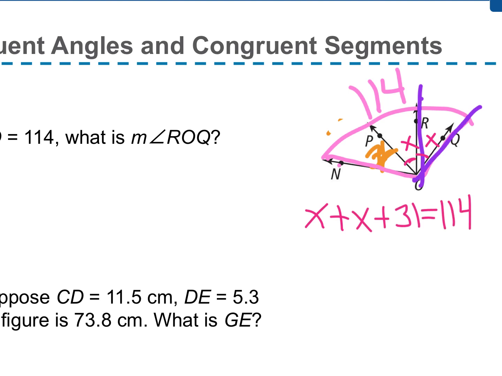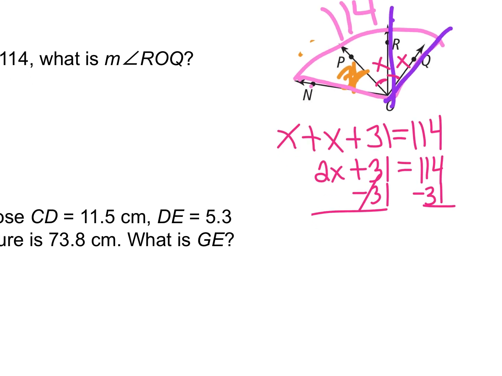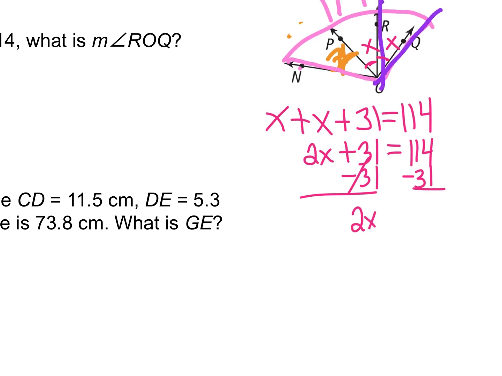So then it's just your algebra skills, which is 2x plus 31 equals 114. Subtract 31 from both sides. And I get 2x equals 83. So x equals 41.5.